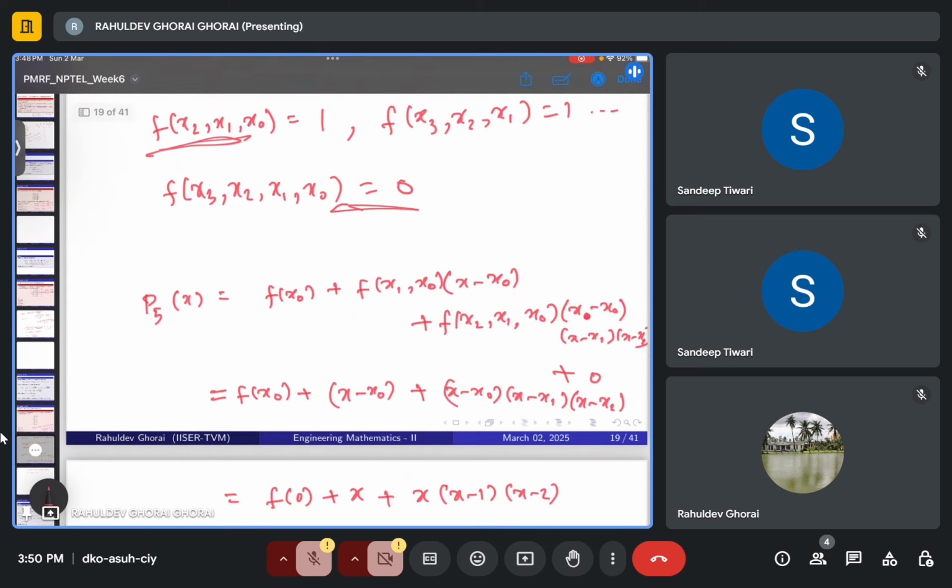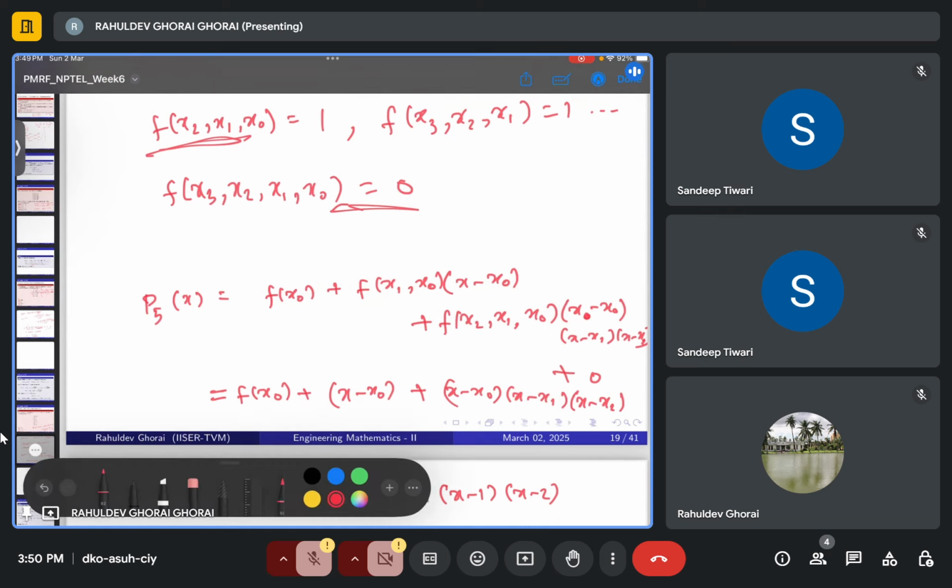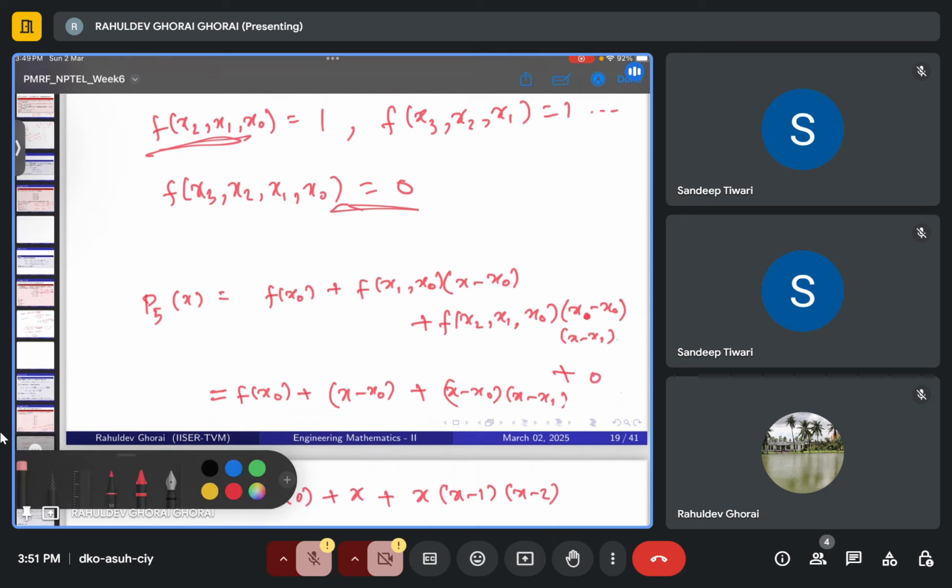Okay, I made a mistake here. This formula will not have (x minus x2). When you have up to this, you will see the symmetry. This will not be x2.